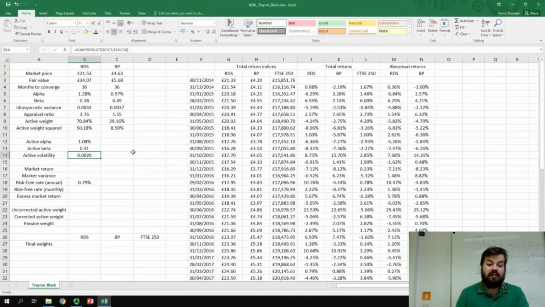Now we need to compare our actively managed portfolio to another investment opportunity we have. Another opportunity is to invest passively, just investing in a broad market index and enjoying the return of the market.